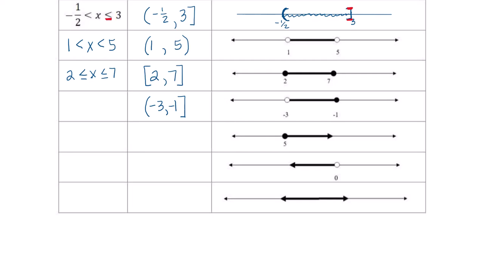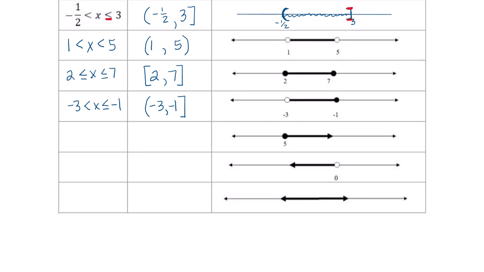In inequality notation, that's going to be -3 and -1 on the ends. X is between those, and x is greater than -3 and less than or equal to -1 at the same time.